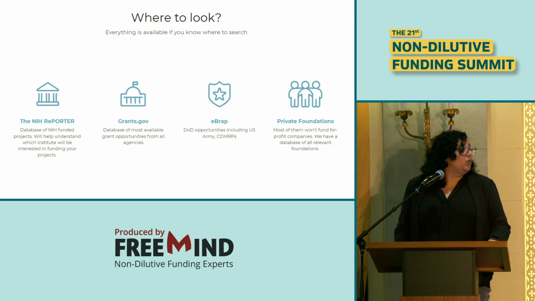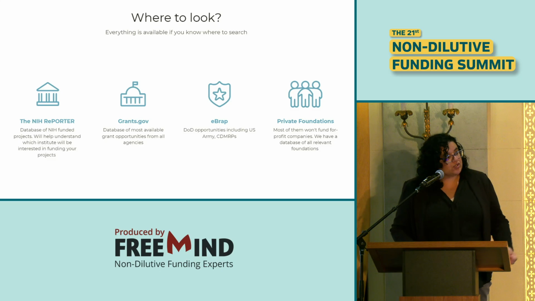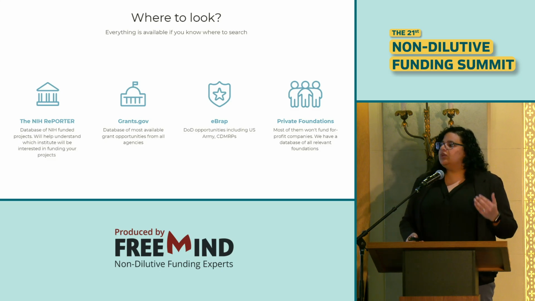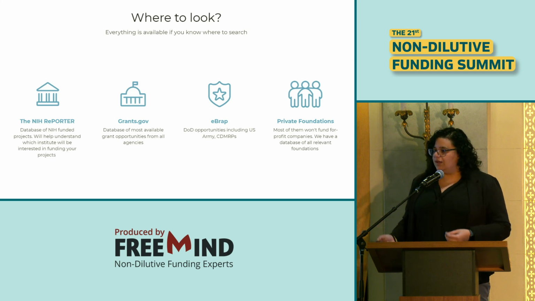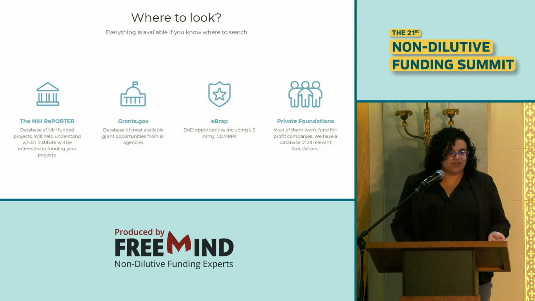They have very low budgets. So what we do at FreeMind is we screen all the time for new private foundations, and we have a database of private foundations that will fund companies and that have budgets that are relevant to companies.